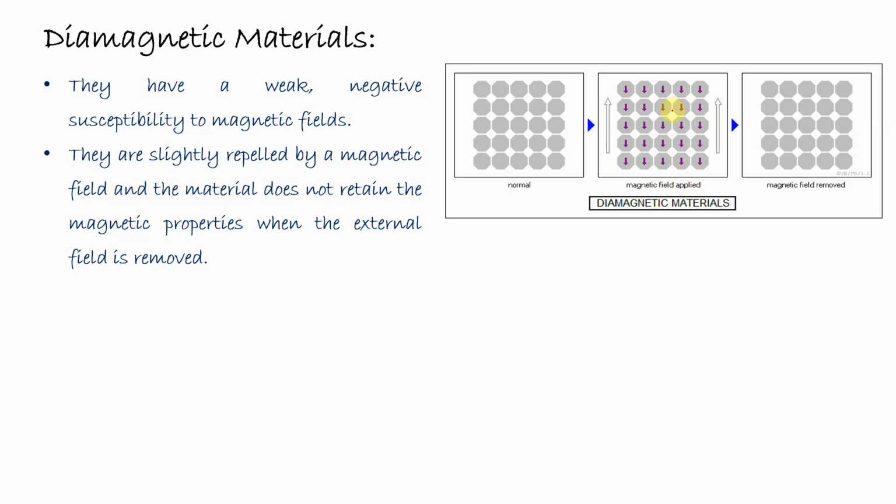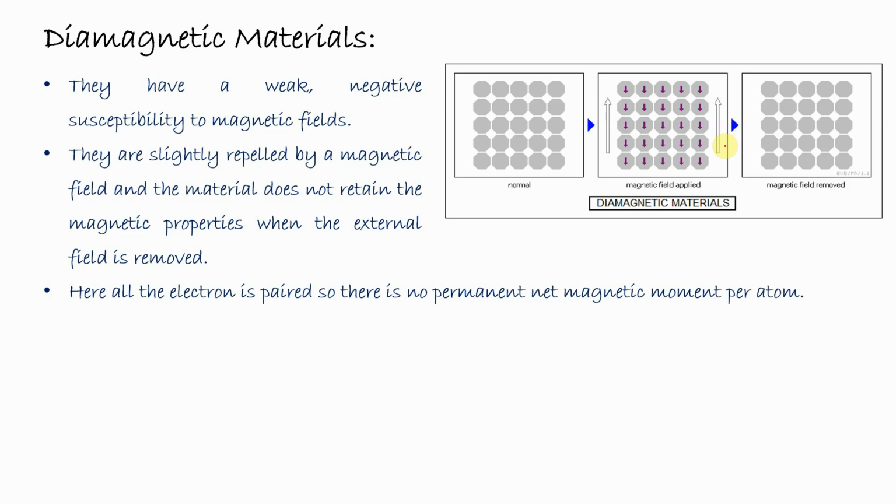Once the external force is withdrawn, that means the external magnetic field is removed, the material will return to its initial position. That means it will be demagnetized again. So basically it is considered a very weak magnet, almost negligible. Here all the electrons are paired, so there is no permanent net magnetic moment per atom.